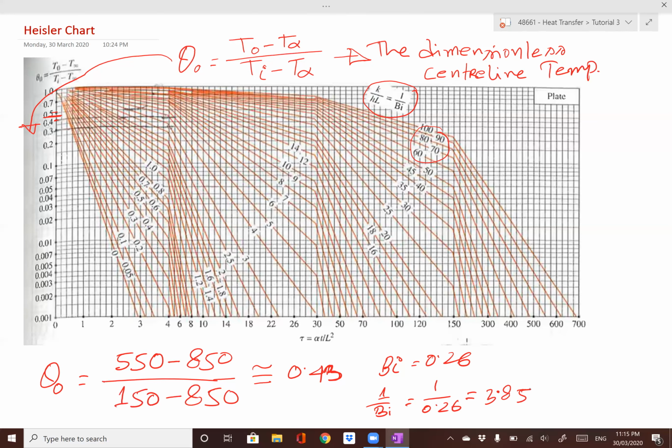Now there are inverse Biot curves, this one for 6, this one 4, this one 3, but our value is 3.85. So it will be between these two points, say around this way. So we can draw one line.